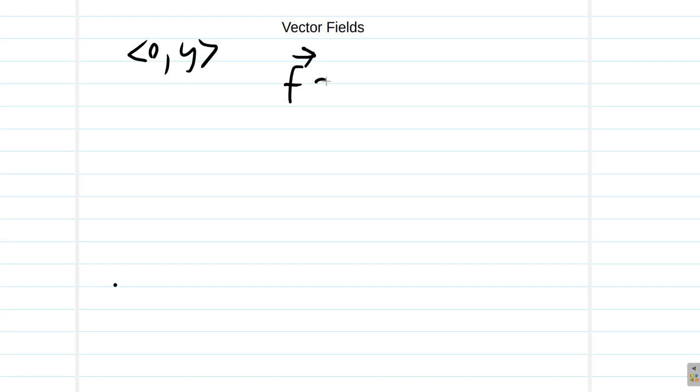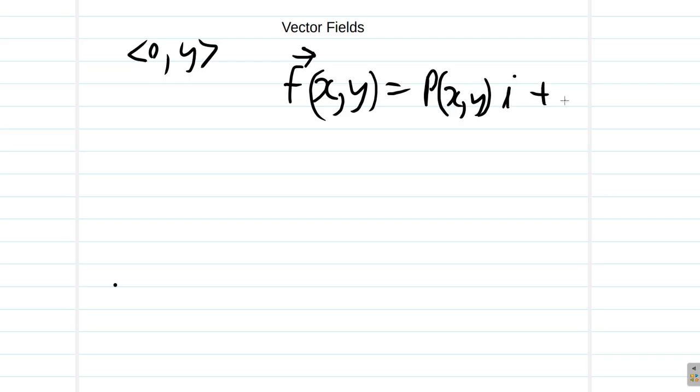Let's say this is a function of x and y, equal to P(x, y) i plus Q(x, y) j, where the i-axis would be horizontal, right? And the j-axis vertical.